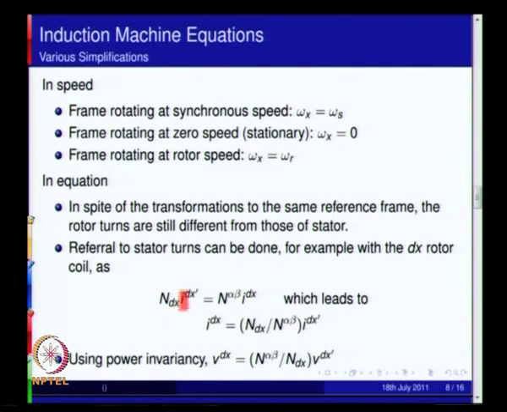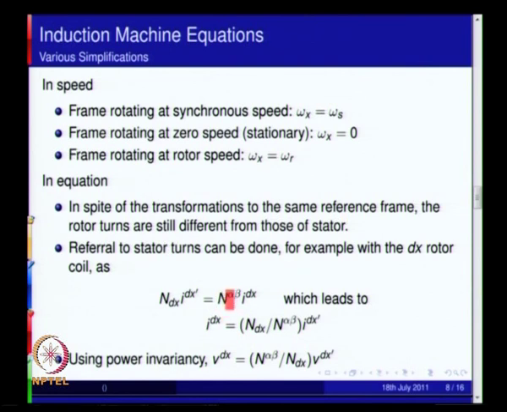In the same way, what we can do is the dx rotor coil, for example, if we take all the variables associated with a rotor coil, voltages V and I, can be transformed to stator turns itself, which means again you go by the MMF route.